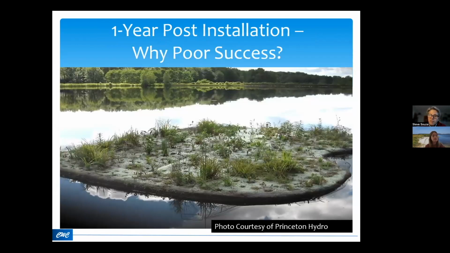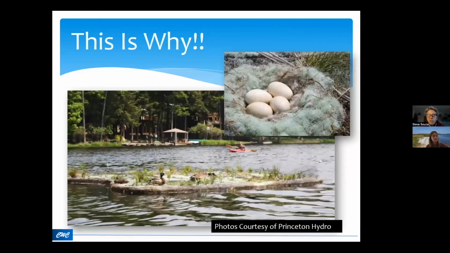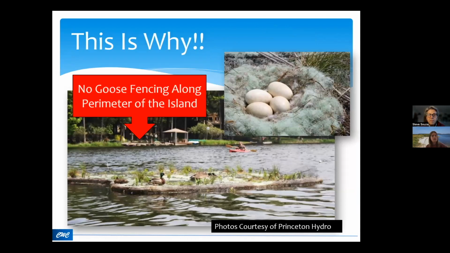If you don't do that, you're not protecting your installation, and you will end up with failure. So typically most failures are a result of not protecting the plants during that primary initial growing phase. And this is why you end up with the plants being trampled or being consumed by geese.